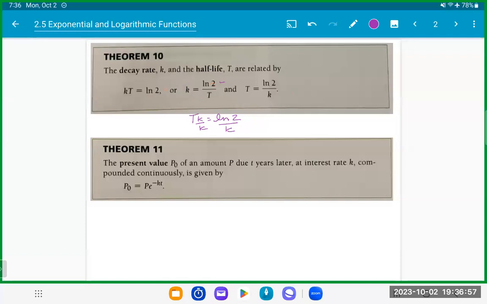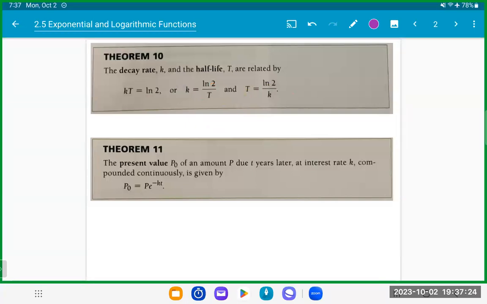So you don't need to memorize all 3 of them. Just pick one of them, commit that to your memory, whichever one's easier for you. And I would say that capital T means half-life. Half-life is really just the ln of 2 divided by your decay rate, because you're cutting it in half, okay?